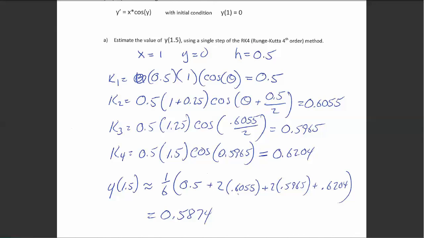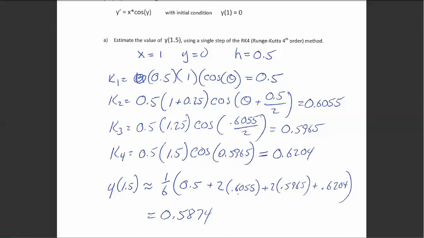X is 1 plus h over 2, which is 0.25, times the cosine of our y plus k1 over 2. That's a 0, that's not a theta, that's a 0, plus 0.5 over 2. The 0.5 just dropped on down and we got a 0.6055.